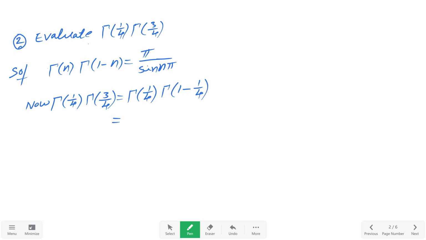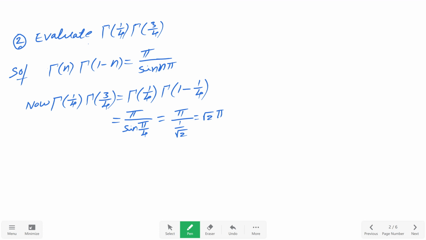Now by using this property, it can be written as pi by sin n. What is n value here? 1 by 4 means sin pi by 4, you can get it. So this is equal to pi by sin 45 degrees. What is the value? 1 by root 2. This is equal to root 2 into pi. So that is the solution of the second problem.